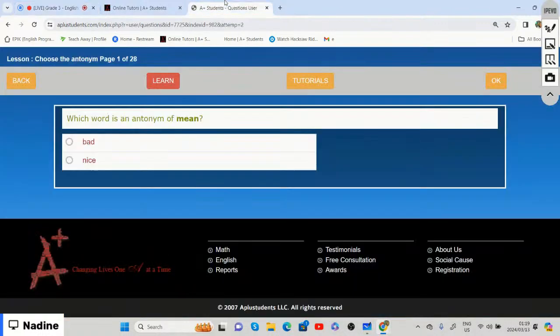Thank you. All right, so now we are to choose the antonym, right? We are now about to test. Okay, thank you. I'm glad it's not blur anymore. So now we need to say which word is an antonym, right? So what is the antonym of mean? If someone is mean to you, right?